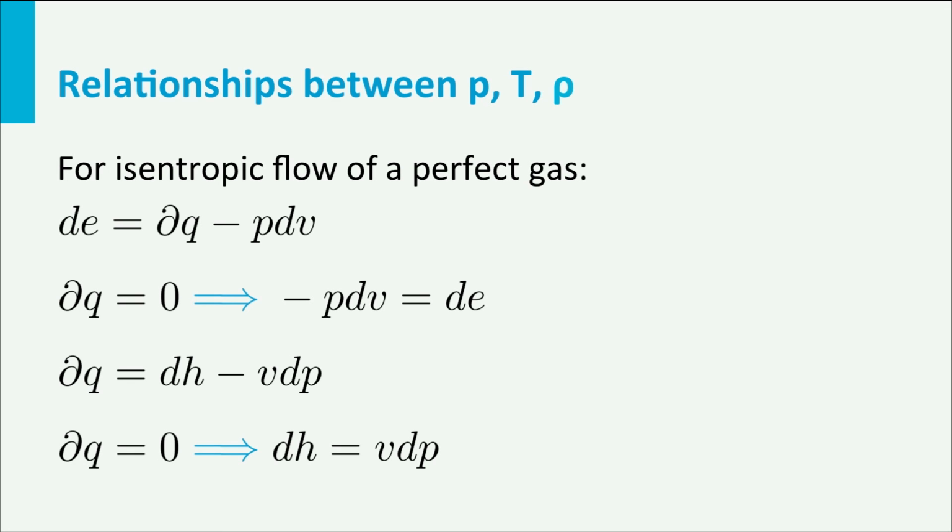And then we introduced the specific heat coefficients Cv and Cp and found dE is Cv dT and dH is Cp dT. Now, these two can be combined with the two for the dE and dH we already have, and so we have Cv dT is minus P dV and Cp dT is V dP.